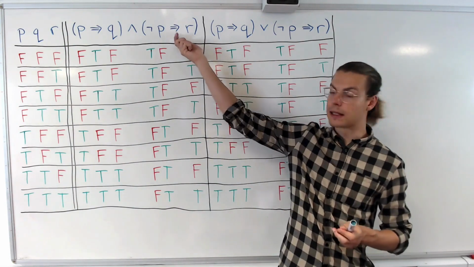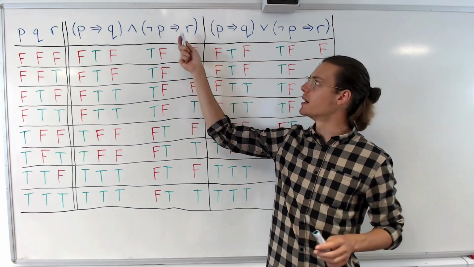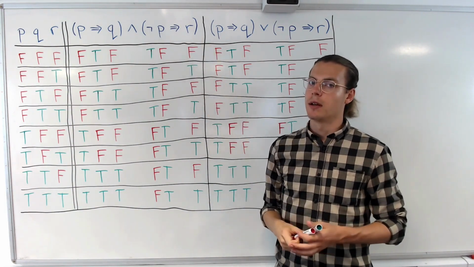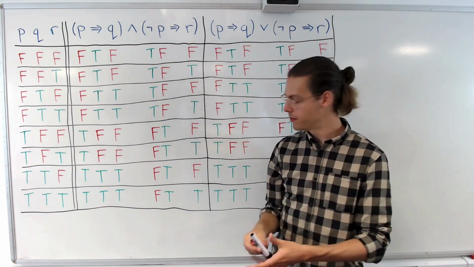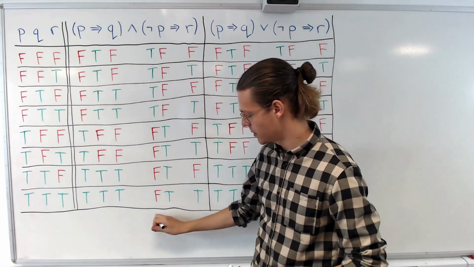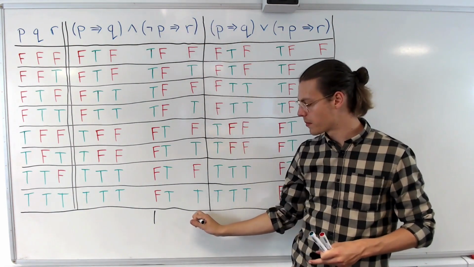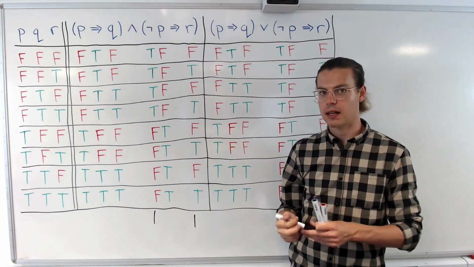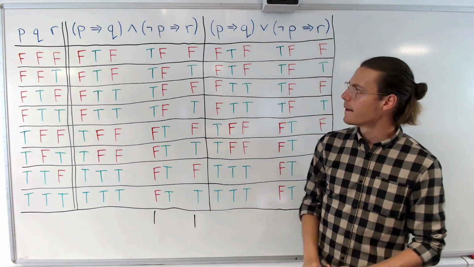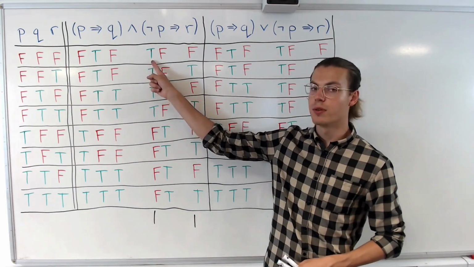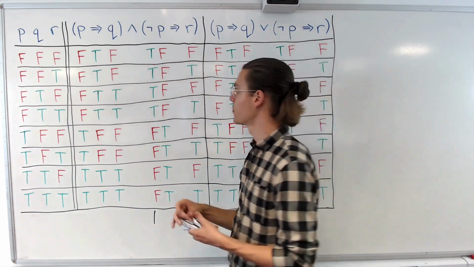Okay, now we can look at this implies. Not P implies R. Now the columns we need to look at here are the not column and the R column. And we are trying to say, does the first imply the second? Okay, so first up we have true implies false. That's false.